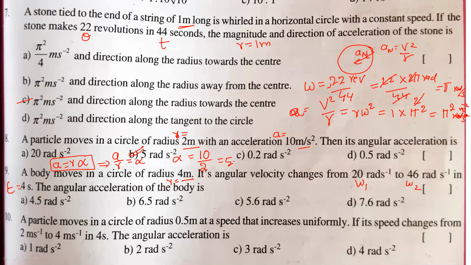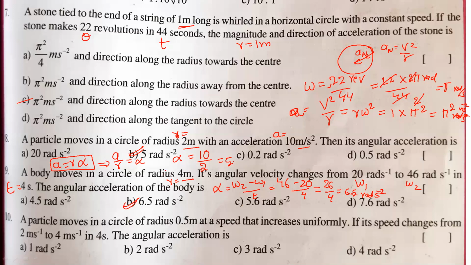The formula of angular acceleration, alpha, is equal to omega 2 minus omega 1 divided by time taken. Here all the data is given, just substitute. It is 46 minus 20 divided by 4 seconds. So 26 by 4 gives you 6.5 radian per second square. So option B is the correct one.